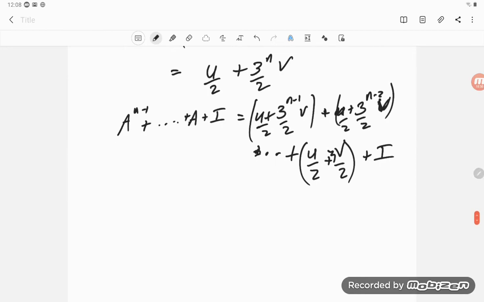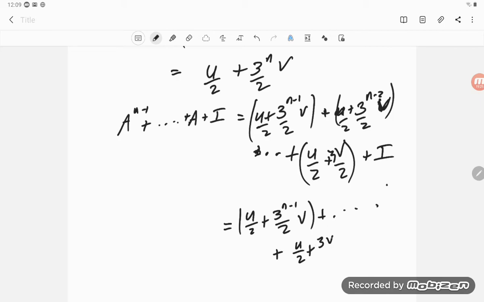Now, but they point out that I can be written as, let me just write this again. I can be written as u over 2 plus 3 to the n minus 1 over 2 v, plus dot dot dot down to this plus u over 2 plus 3v over 2, so that's a.